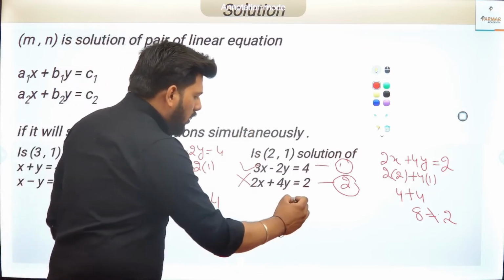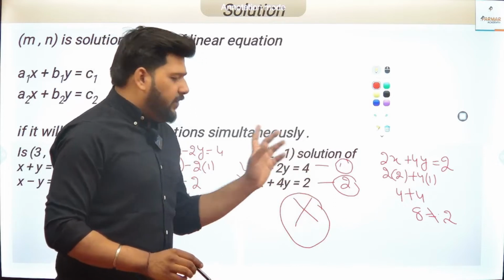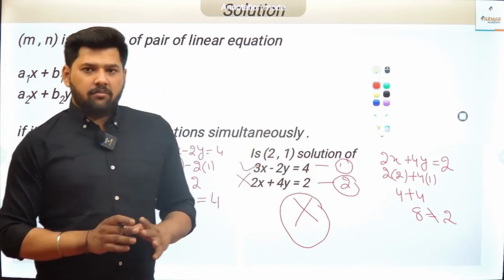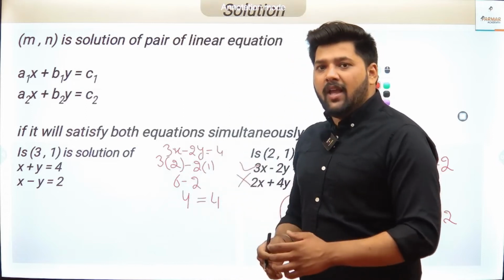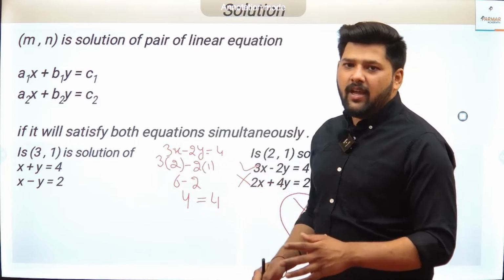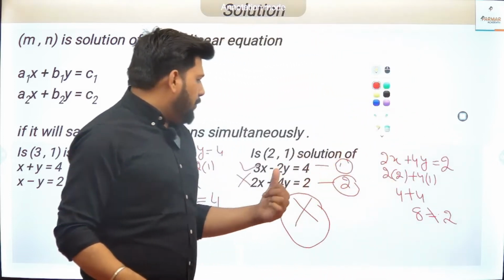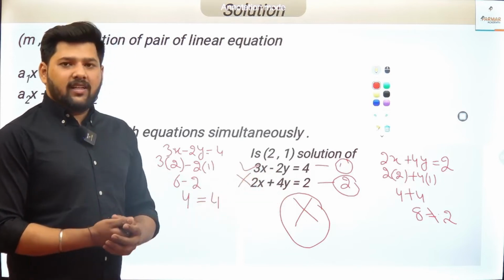So overall (2, 1) is not a solution of such pair of linear equation in two variable. Means for the solution of pair of linear equation in two variable, that given point has to satisfy both the equations simultaneously. As in this example, it will satisfy first equation, but it will not satisfy the second equation.